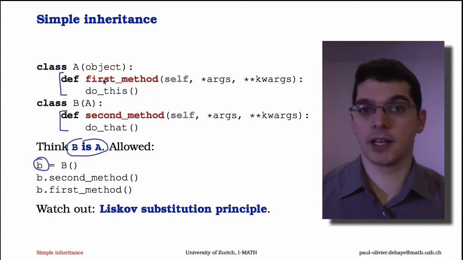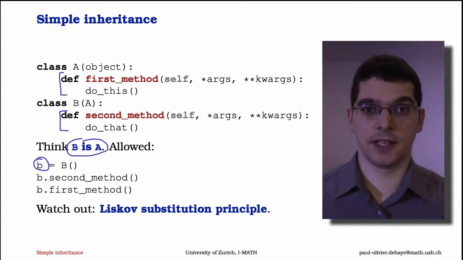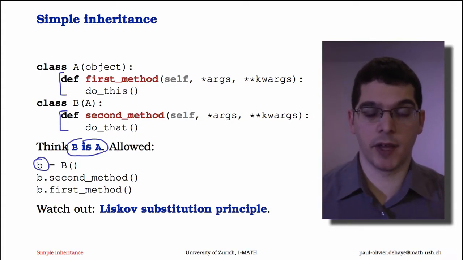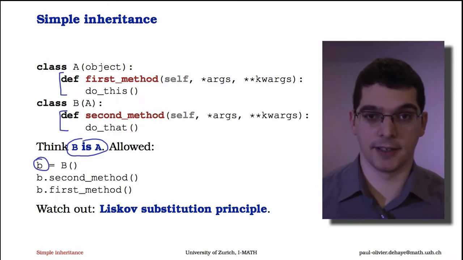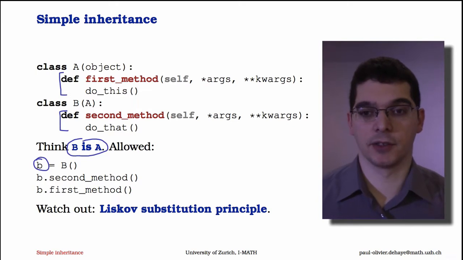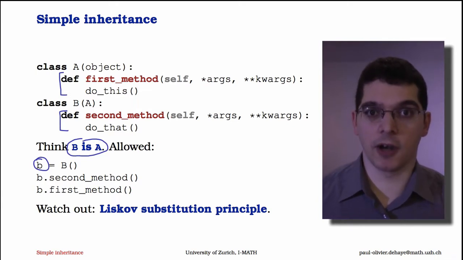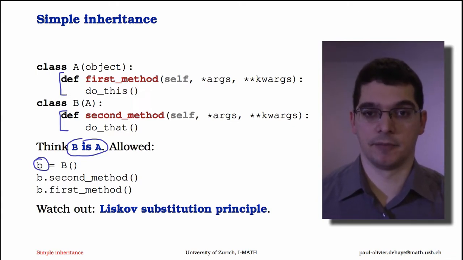That's the main idea of inheritance. You make one class dependent on another, and that first class gets all the methods that the other one had. In this case, B acquires the methods that A had.